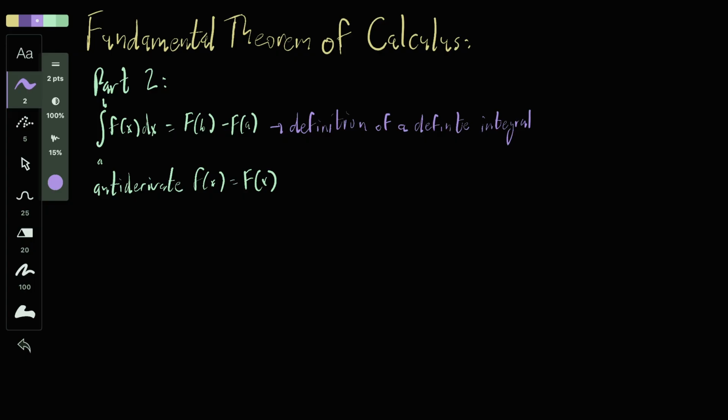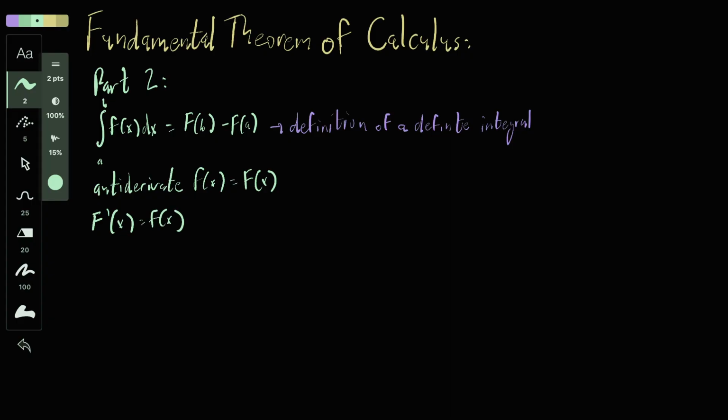With the second part of the fundamental theorem of calculus out of the way, we can move on to the first part, except one more thing. Also, when the antiderivative is there, that means F dash of x, or the derivative of the capital F of x, is equal to f of x.